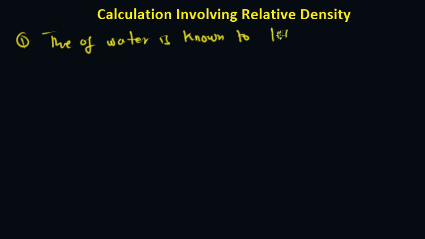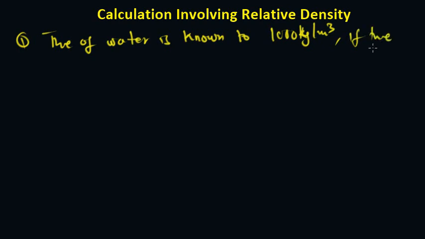Let's clear and look at another question. Sometimes they can give you a question like this: the density of water is known to be 1000 kilogram per meter cube.